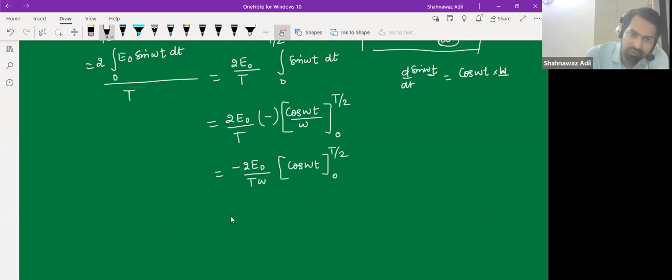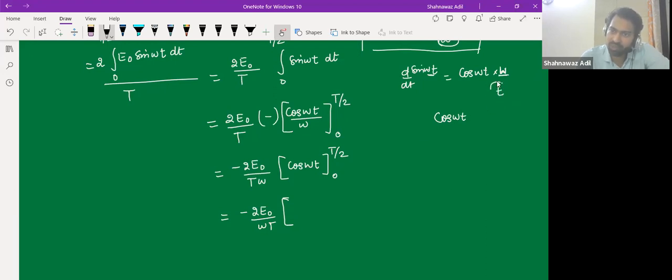Right. So first we have to put the upper limit. If the variable is t, I have to put the upper limit in the variable. So what would be in here, Aisha? Remember, the function is cos of omega t, and you are putting the limit of t.